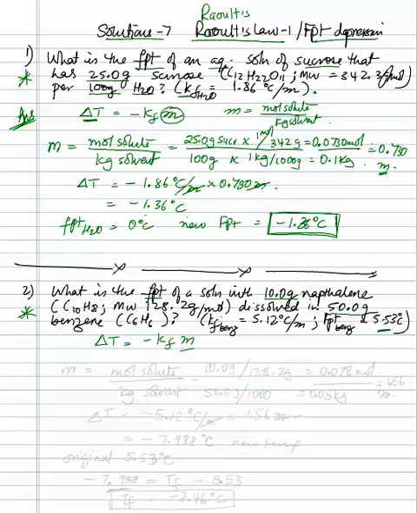You're probably getting bored by now. Molality is moles of solute over kilograms of solvent. And if you're getting bored, you can go ahead and fast forward me right now. So 10 grams of naphthalene, divided by 128.2 grams per mole.